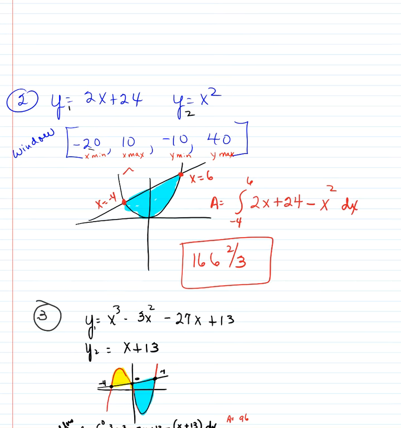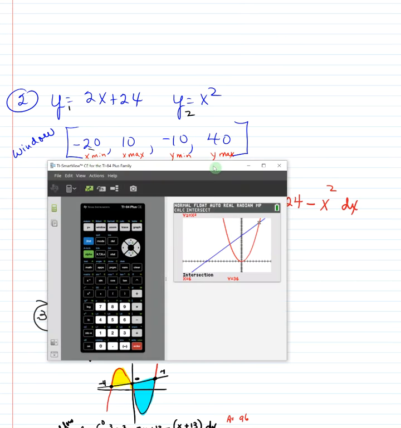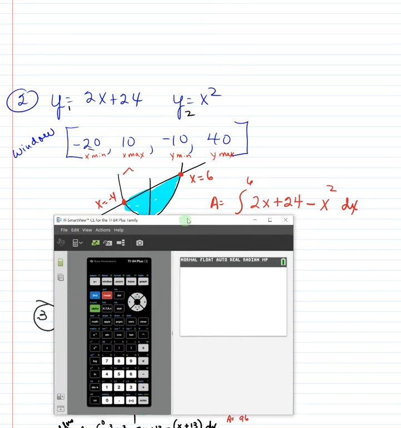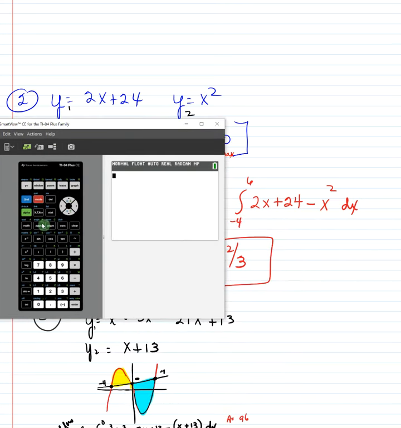Let's see, let's go over here. And we'll put that there. And we will second quit out of this. And we'll go to, let me push that up here. All right, we'll go to Math and 9, which is the integral. And we'll put -4 here.